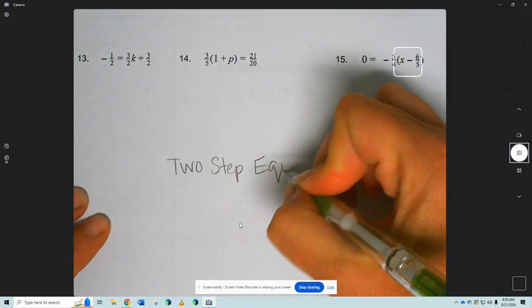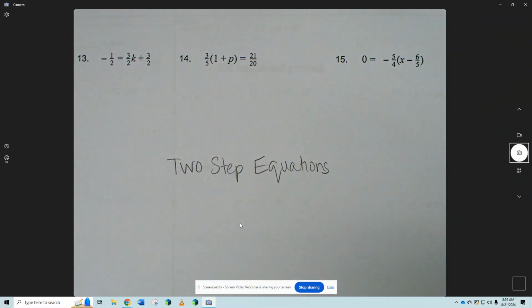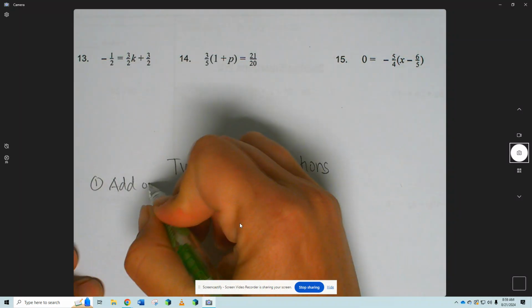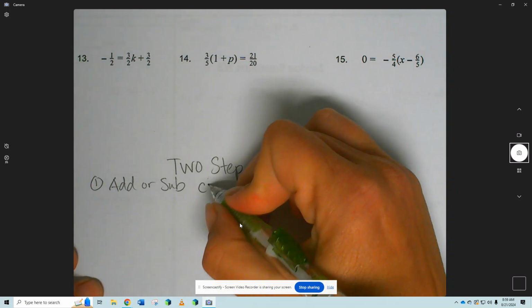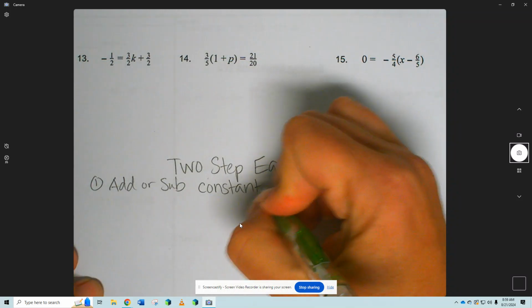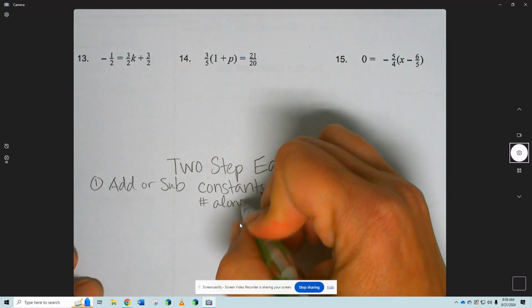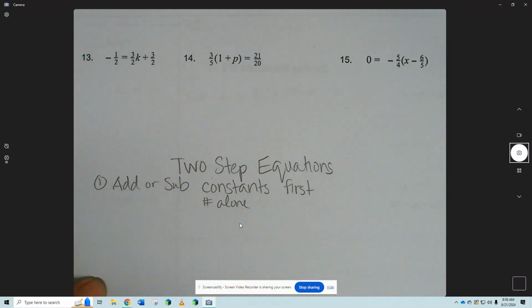Two-step equations. So the first, this is a little how-to. You add or subtract the constants first. A constant means a number alone.